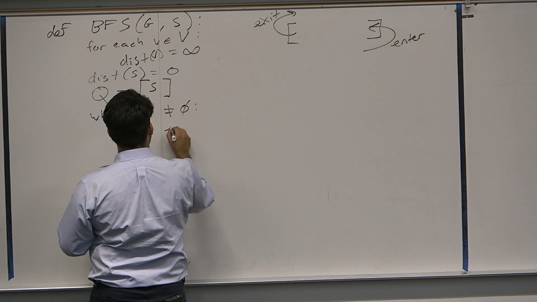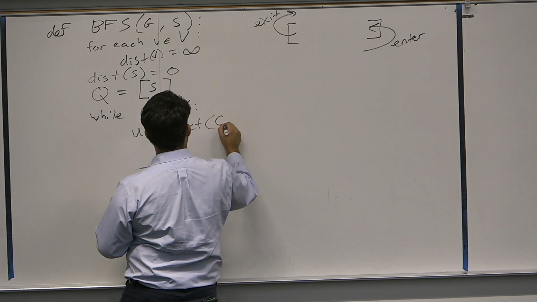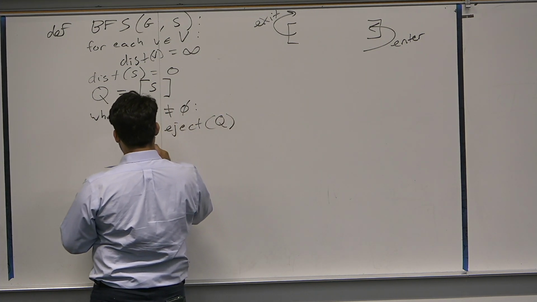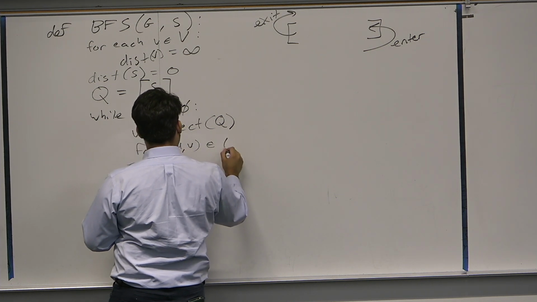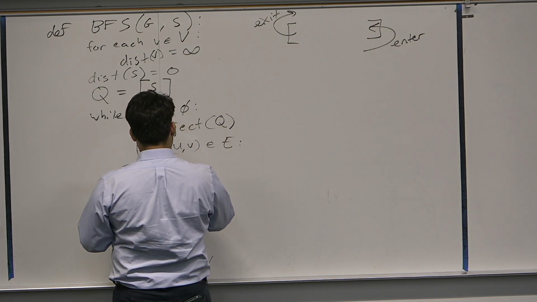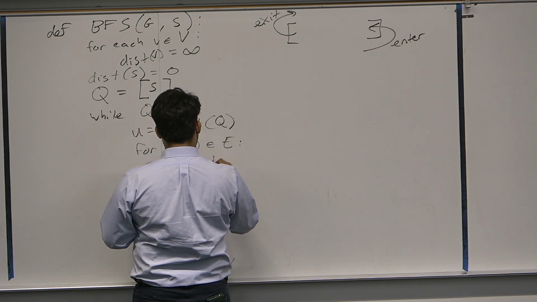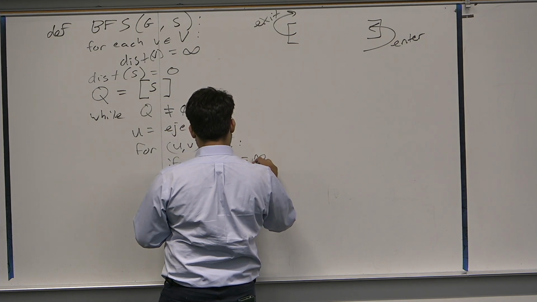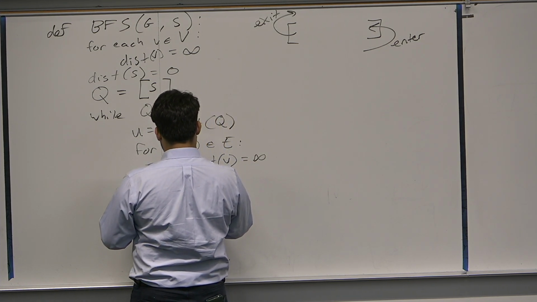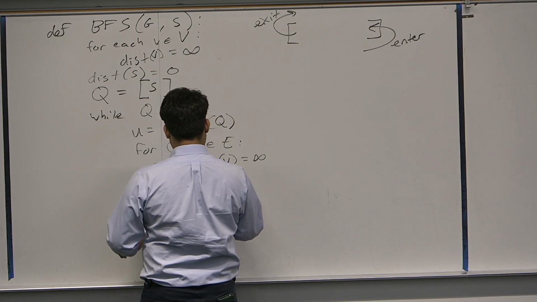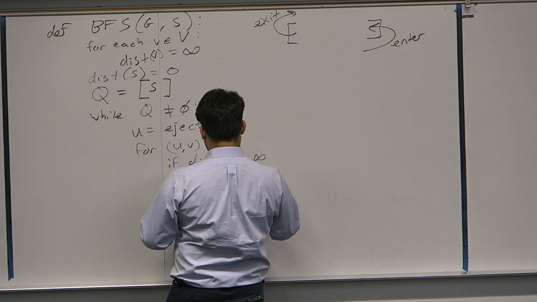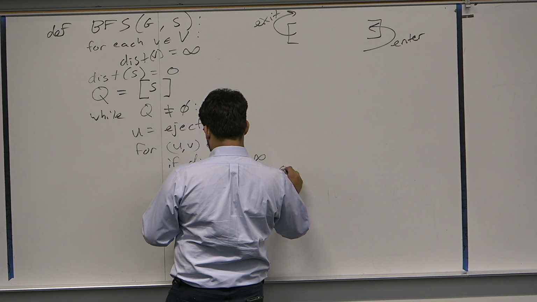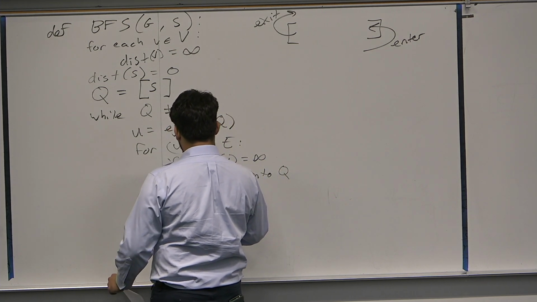U is going to eject from the front of the queue. And then for each of its outgoing edges, if we have not seen that vertex yet, and then we update its distance.